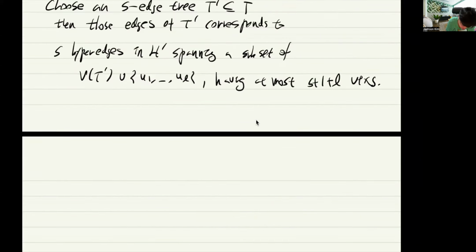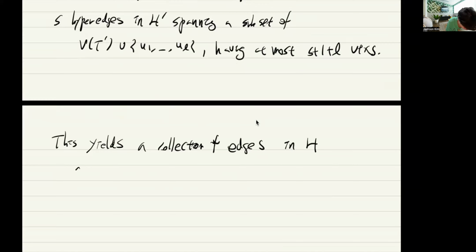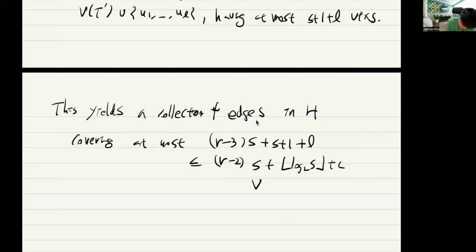Again, this was 3 uniform hyperedge, and then if you extend it to R uniform, then this yields a collection of edges in H covering at most R minus 3 times S plus 1 plus L vertices. That's what we want.